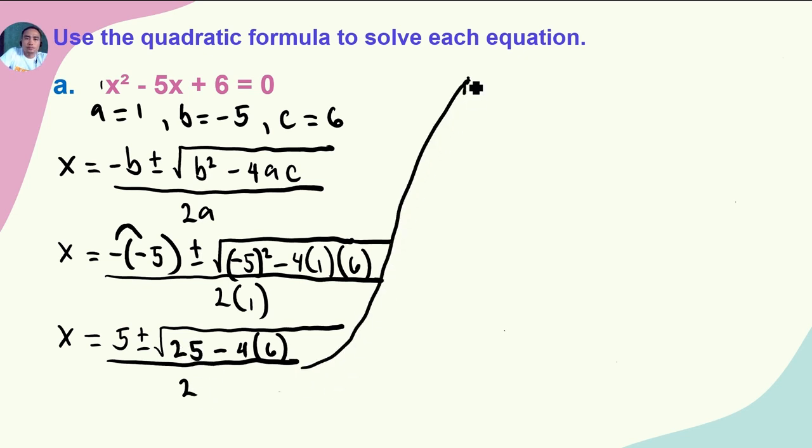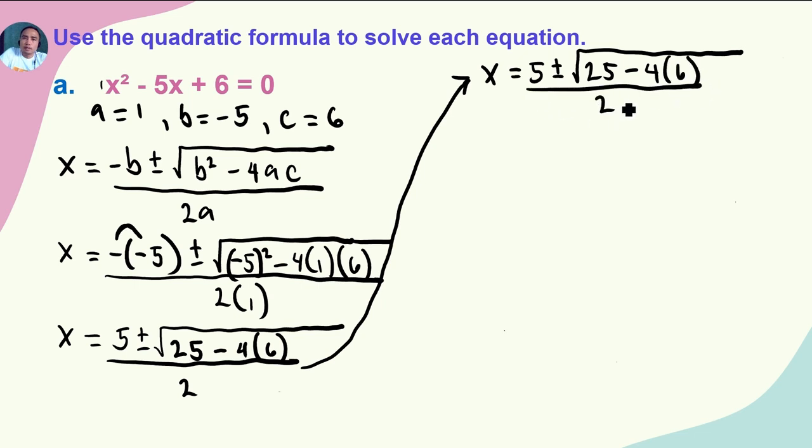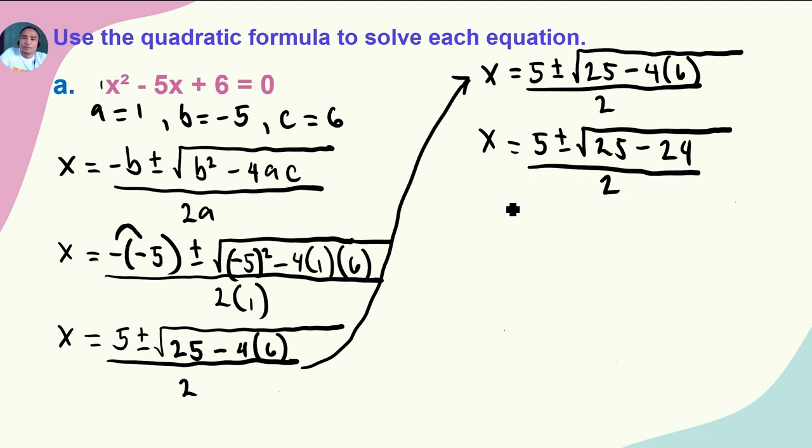So x equals 5 plus or minus the square root of 25 minus 4 times 6, all over 2. 4 times 6 is 24. Then 25 minus 24 is 1, all over 2.